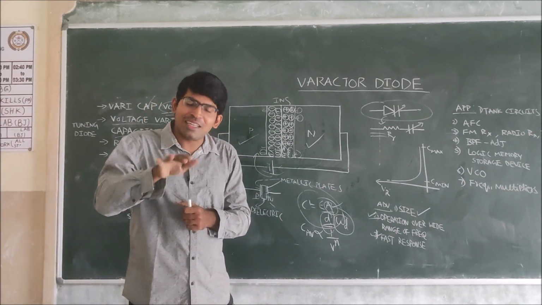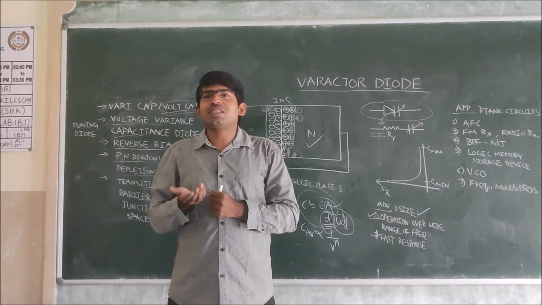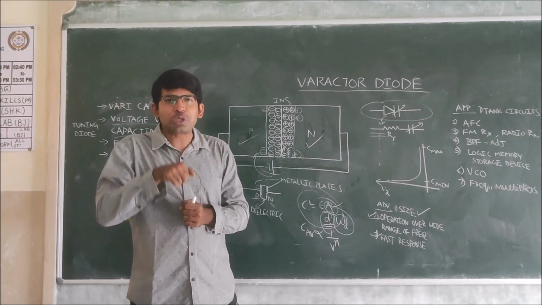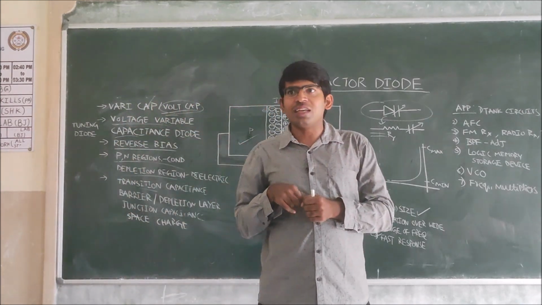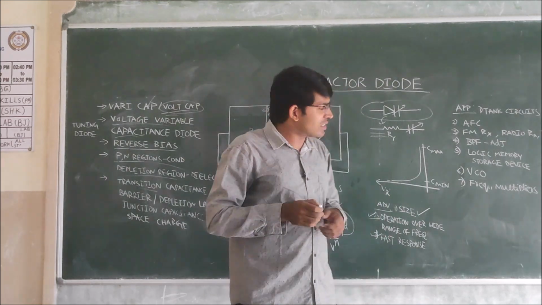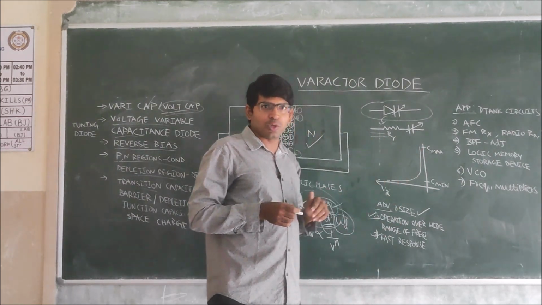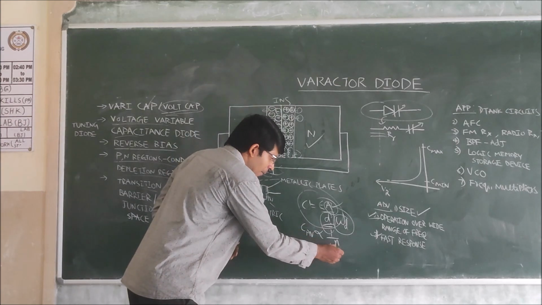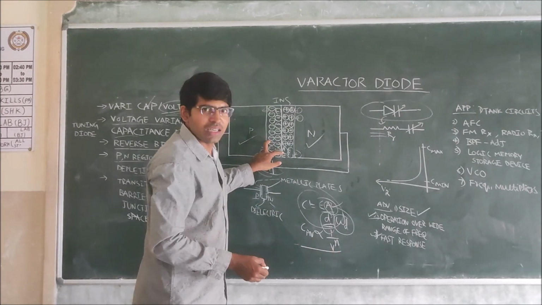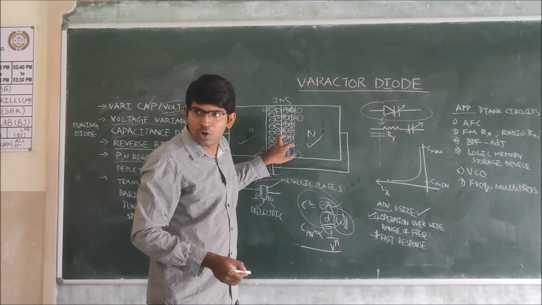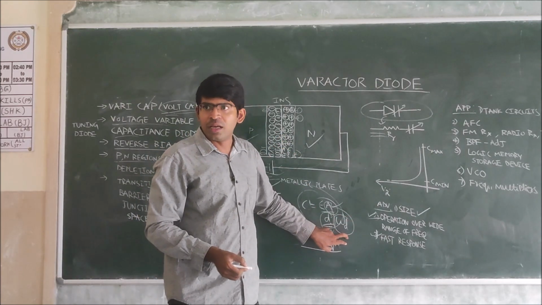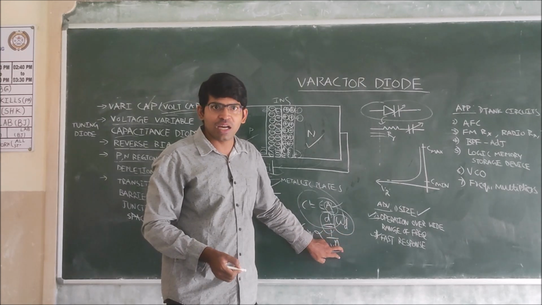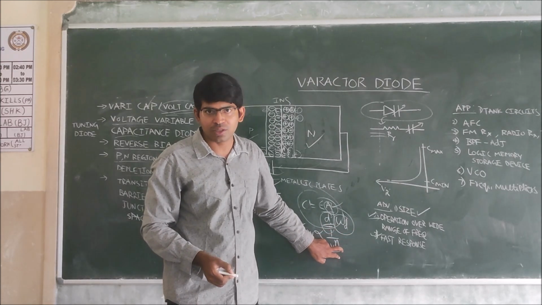Then you may get the doubt: it is decreasing, but I want some mathematical proportionality with the voltage, how much capacitance is changing. We already discussed that it is in the inversely proportional format. So the capacitance of this PN junction diode is inversely proportional to V to the power n, where V is the applied reverse voltage.